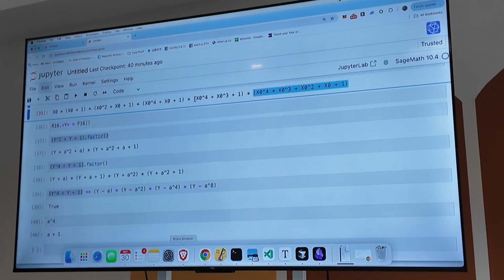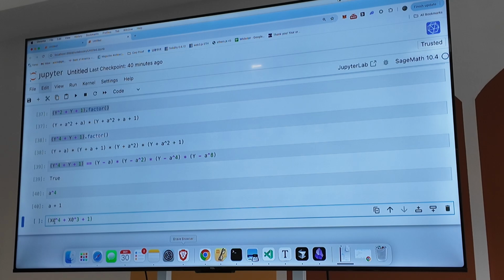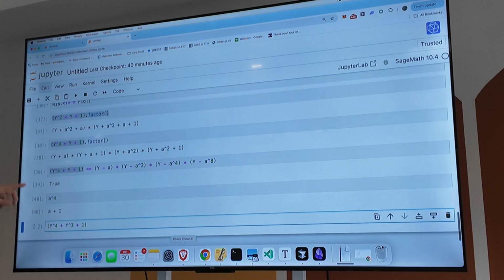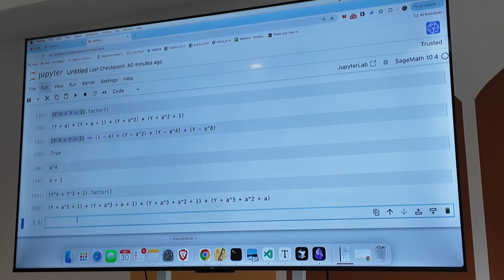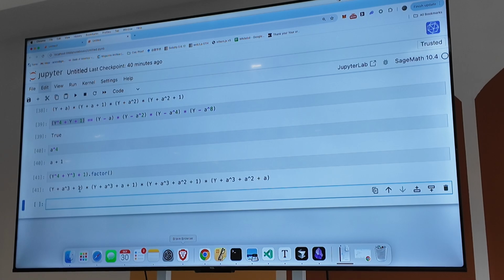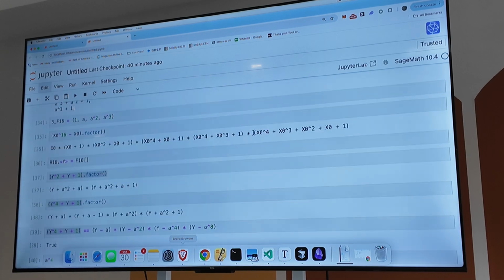Then we factorize this polynomial over F16. We just replace the symbol with y, because y is an indeterminate over F16. It can be factorized into linear polynomials. And now these elements, they are brothers. And also this one.